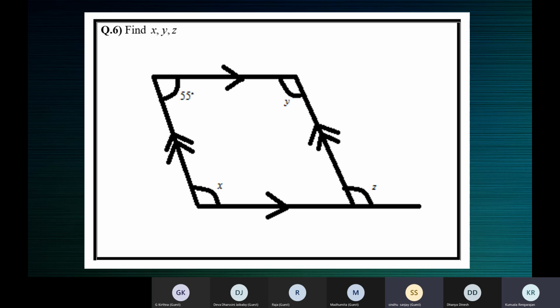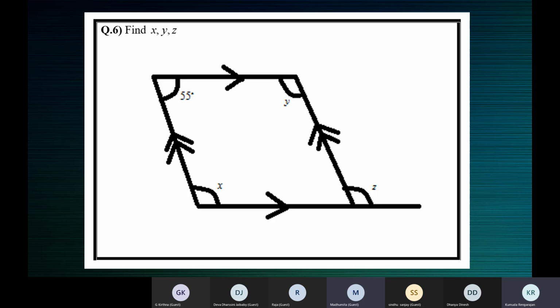How do we find x? Ma'am, for finding x, we must first find y, because they are opposite angles. We can also find x first.